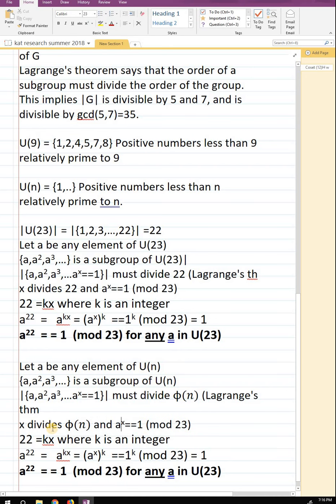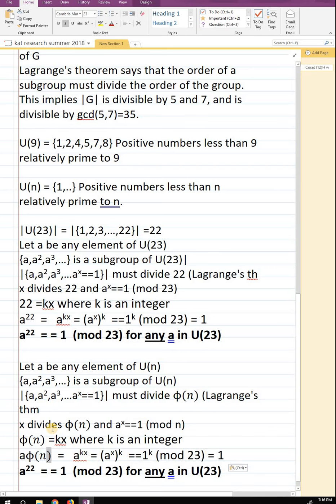And a to the x, and this is mod n. So here I have a to the phi of n. That still holds. And then this means here, instead of the 22, I put the phi of n.